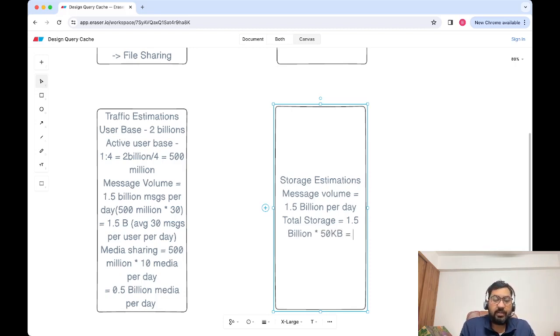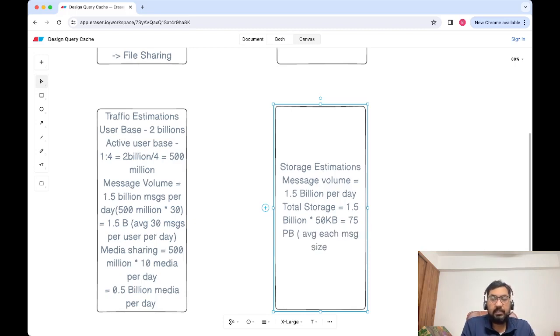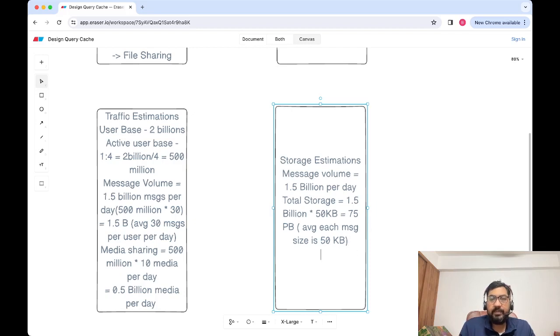So your total data required is 75 petabytes. Again, what we are assuming is that each message size is 50 KB on average. This is our assumption, and this comes to 75 petabytes.